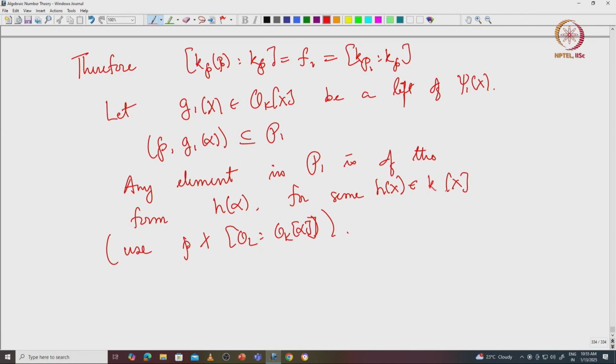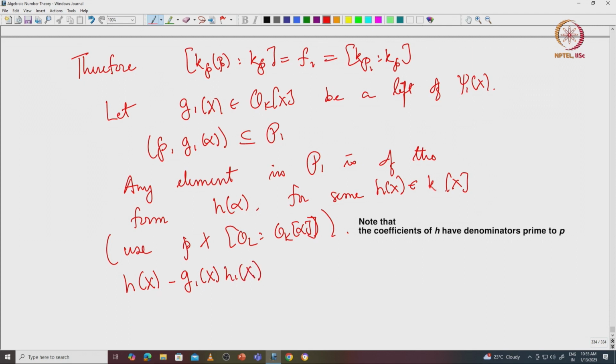But this means that there exists h1 of x such that h of x minus g1 of x times h1 of x has coefficients in p, and modulo p, this g1 of alpha is 0.